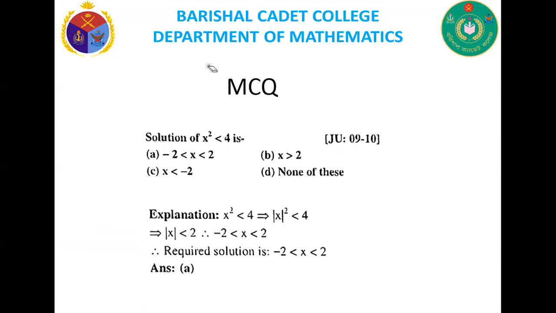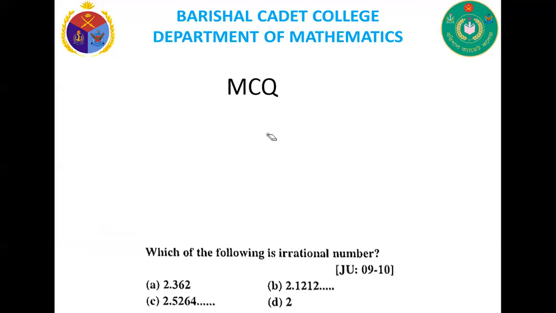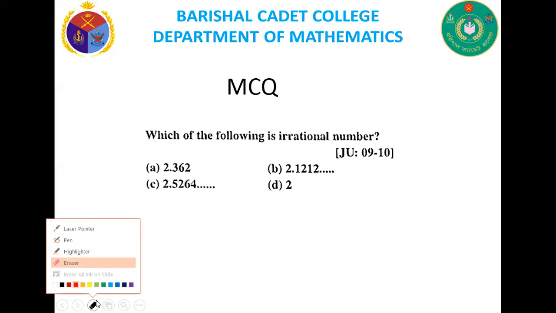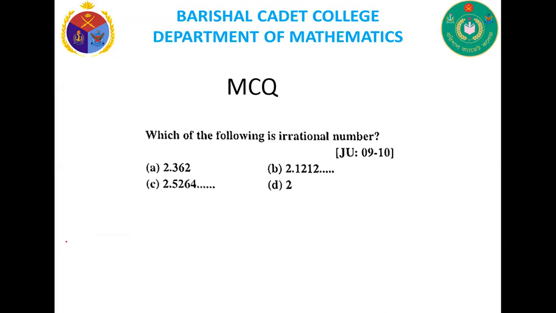Now the next one. Which of the following is the irrational number? A: 2.362, B: 2.1212, and it is a recurring number, C: 2.5264, D. Which one is our desired result?